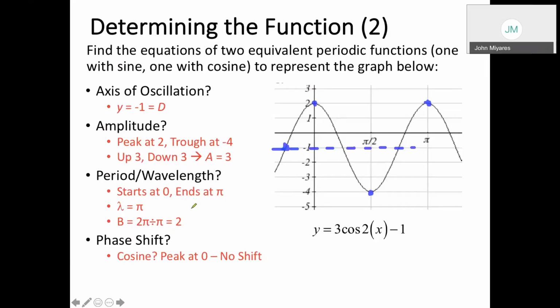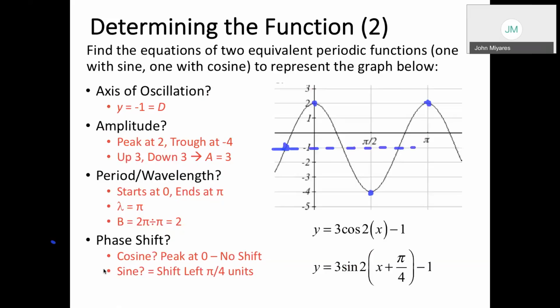And that point isn't very clearly labeled, but if I'm looking at basic symmetry here, I'm going to guess that that's at negative pi over 4. So we're going to assume that that's going to be shifted to the left by pi over 4 radians. So now your new equation is going to become y equals 3 times the sine of 2 times the quantity x plus pi over 4 minus 1.